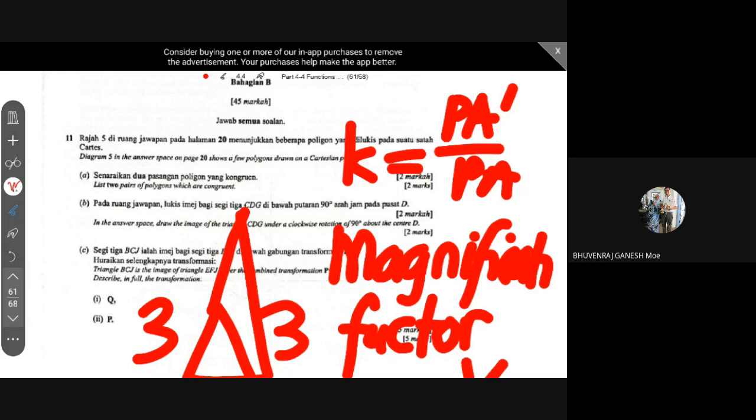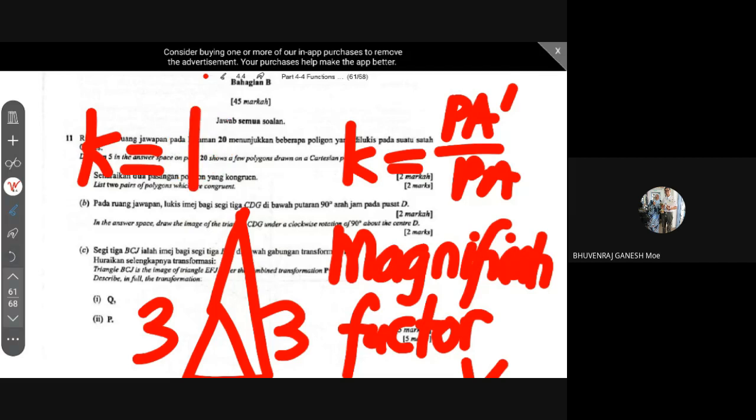So now let me ask you. If your k is 0, you get a value of 0. Is the length of the object and image the same or not? Yes, same. Sorry, why did I put 0?